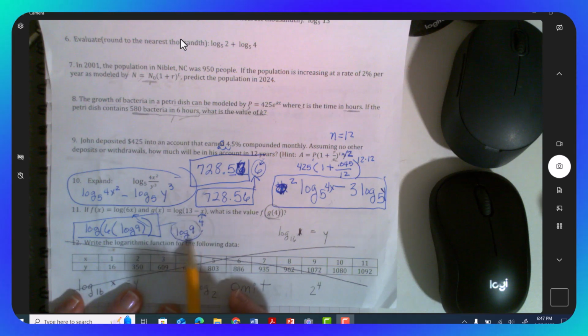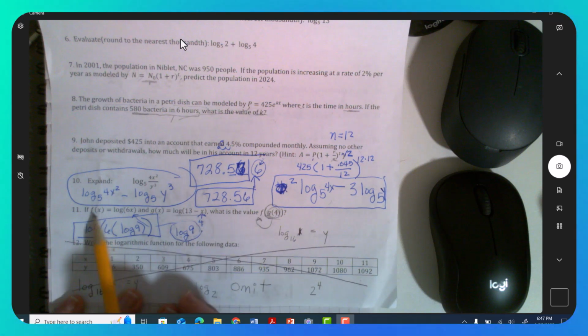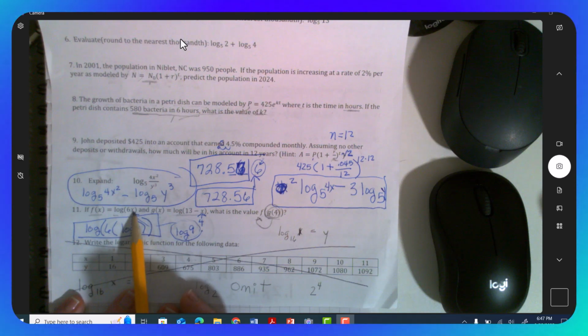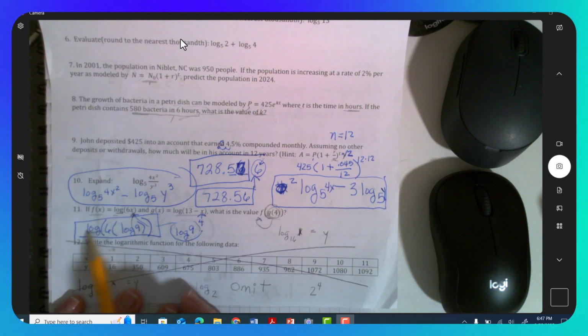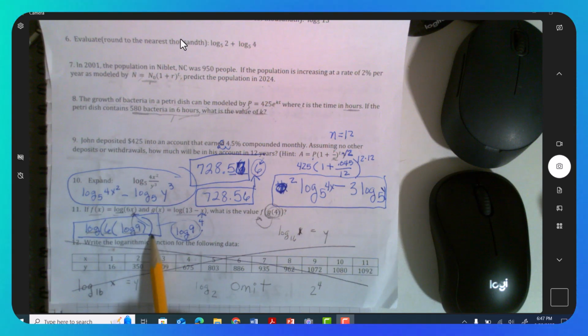Now I'm going to take log of 9 right here and plug it into function f. So here's function f. Everywhere there's an x, I'm going to replace it with log 9. So this is log of 6 times log of 9. Okay, put that in your calculator.